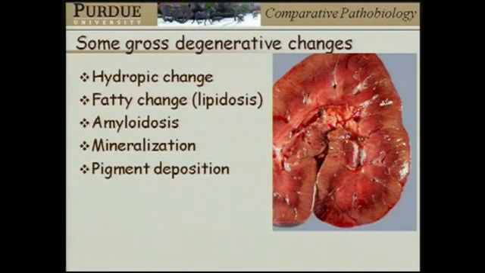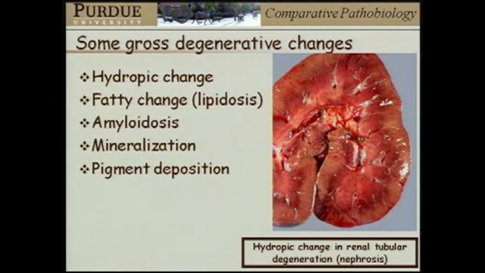In the first picture, we note that the cortex of this kidney, which should be liver brown, is more of a tan or khaki color, and it's a diffuse change. That should suggest to us a degenerative process. We know that the renal tubules are especially susceptible to degeneration, so we can surmise that this is renal tubular degeneration.